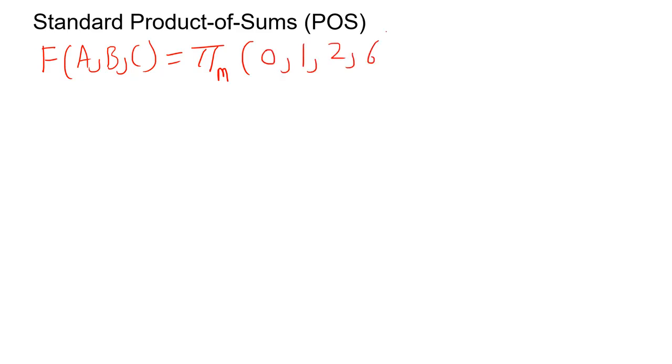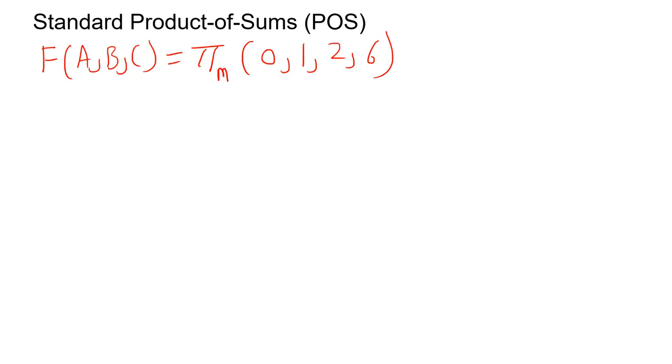Let's talk about standard product of sum. So again, let me take one example. So okay, let me take the previous example so that we can easily understand. Function of A, B and C is equal to product of max term 0, 1, 2 and 6.